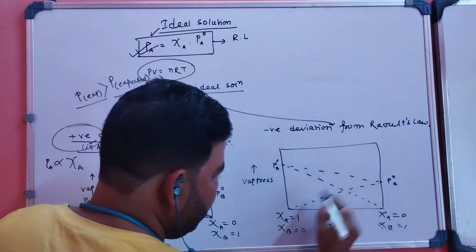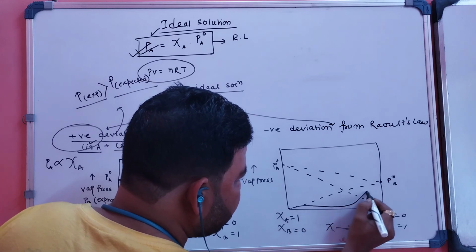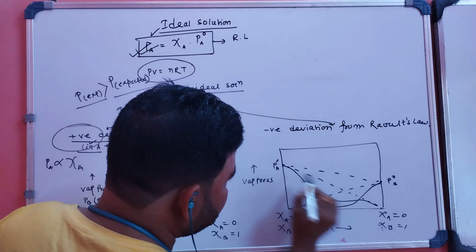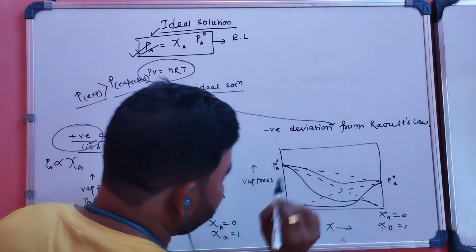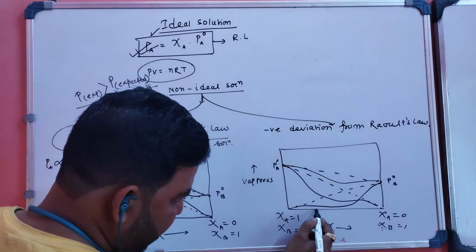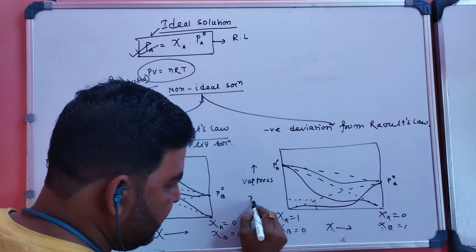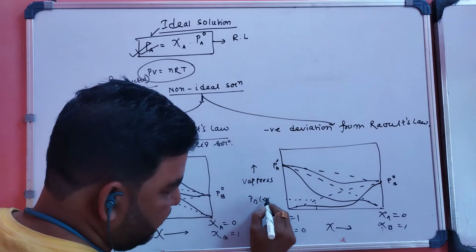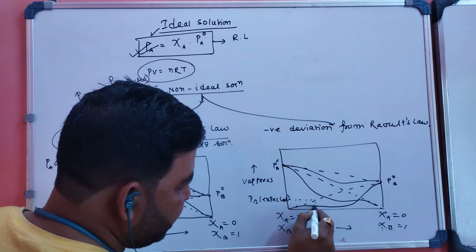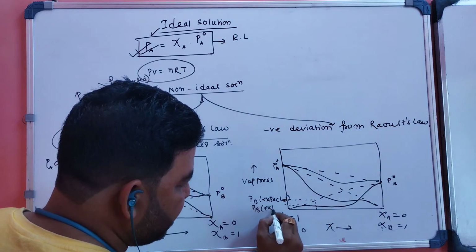But if the experimental vapor pressure becomes lower than expected, then the solution shows negative deviation from Raoult's law. If we draw a line from here, this is PB expected from Raoult's law, and this is PB experimental or observed.